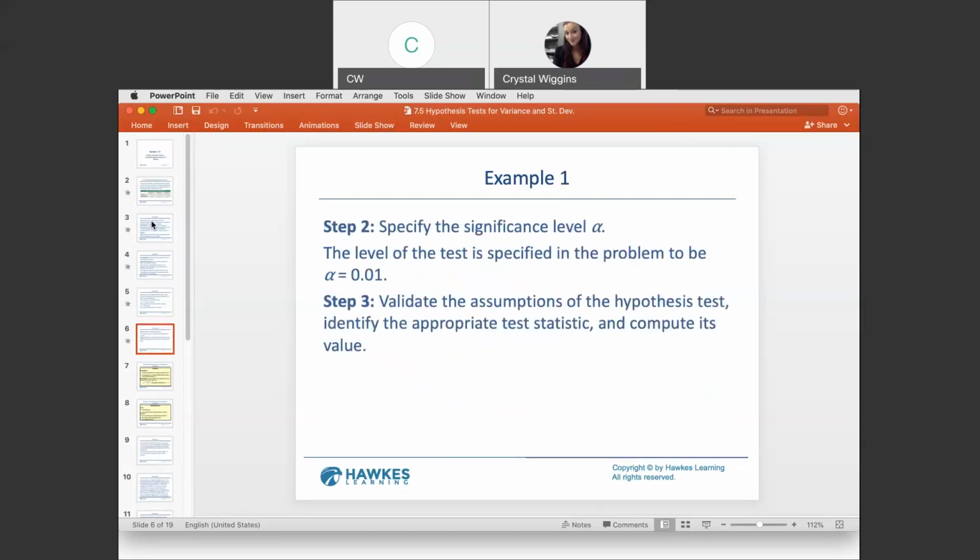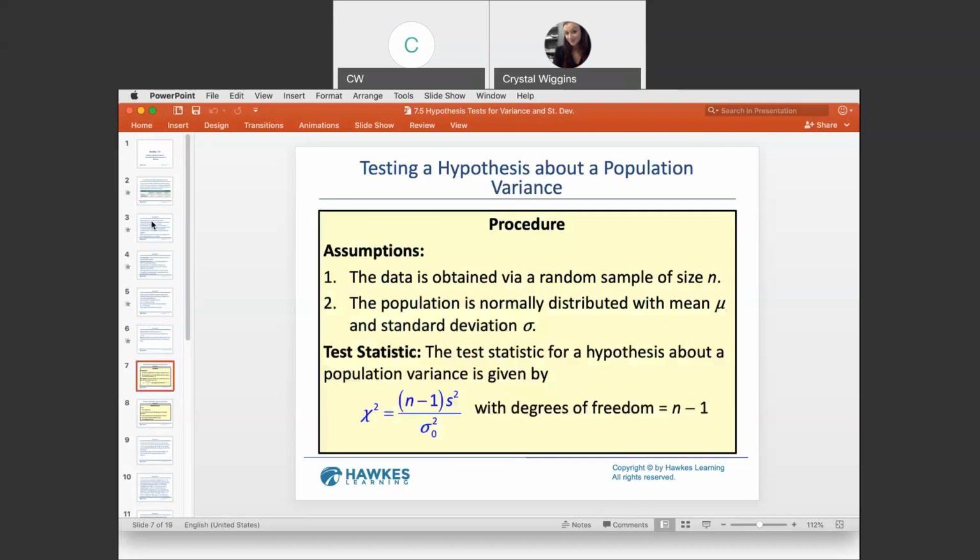Specifying the level of significance, it was set at 0.01. And we validate the assumptions of the hypothesis test, identify the appropriate test statistic, and compute its value. So the assumptions that we have to check off is that the data is obtained from a random sample of size n. That was always the case in Stats 1, where it was assumed that the data was collected randomly and not with bias.